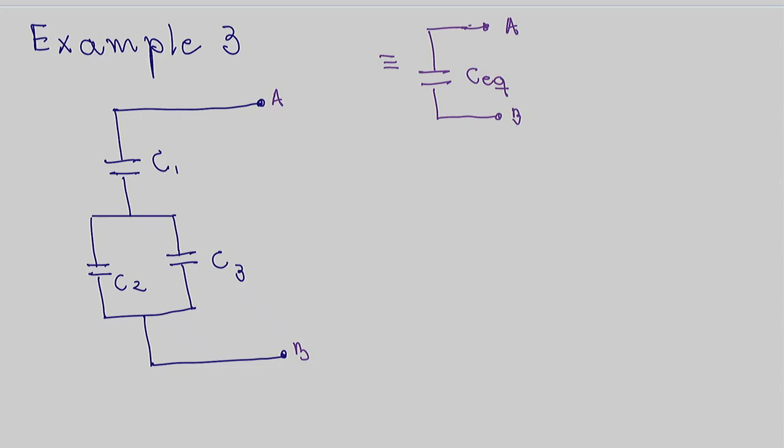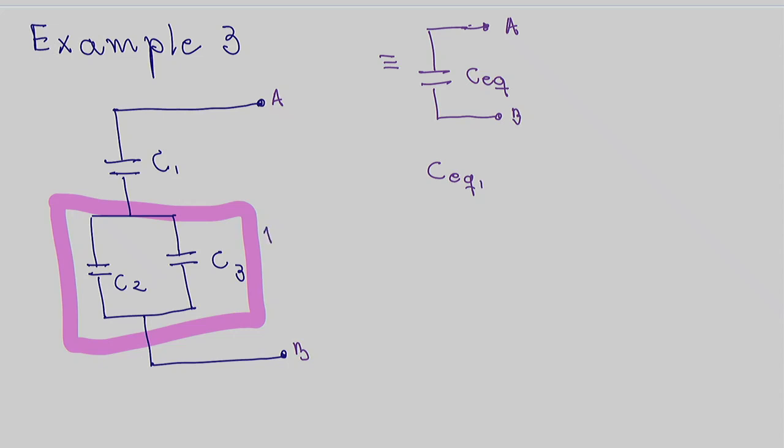Is that what you did? So I'm going to color this box, and we are going to find the equivalent capacitance for that box. I'm going to call this C equivalent 1, box 1. What would that be? C2 plus C3. Very good.